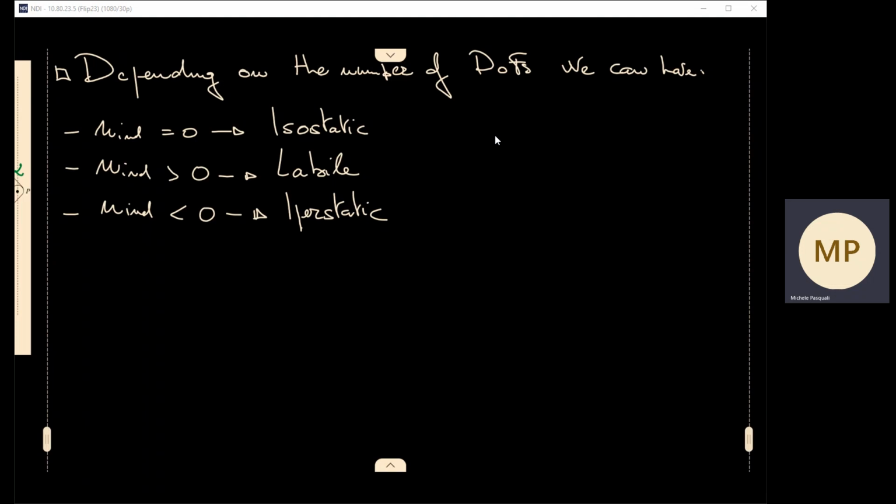Non-holonomic constraints typically constrain the motion of the system. Examples. So a hinge is a holonomic constraint.